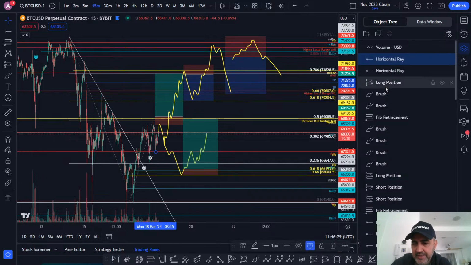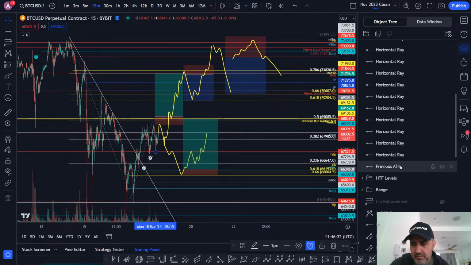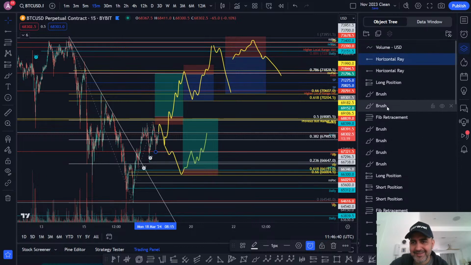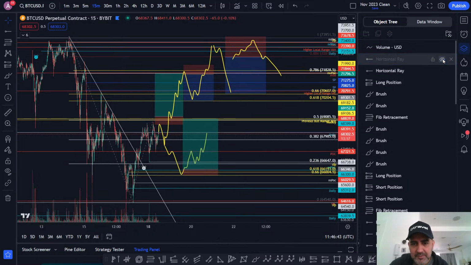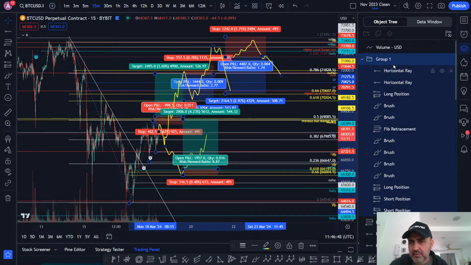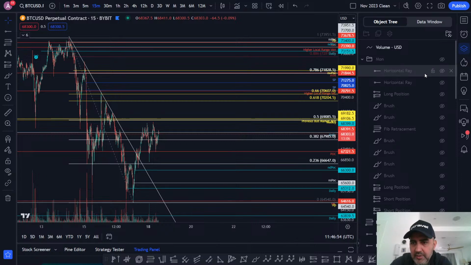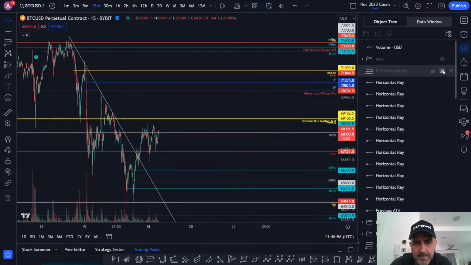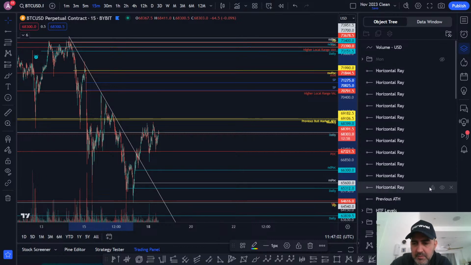So let me just hide all of this. God, I need to sort this out. What are these lanes? I should have done this before. It's annoying. What did I do? What's that one? Okay, let me just put all of this into a group. Okay, that helps. Put that in there as well. SFP, SFP.